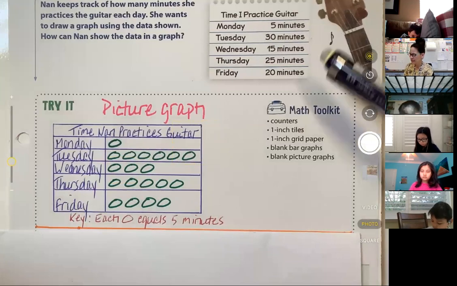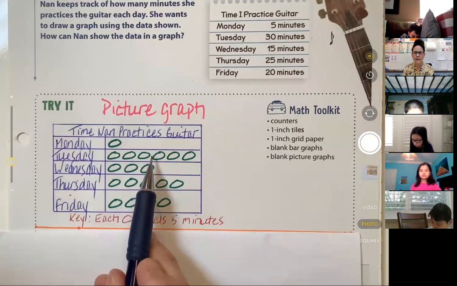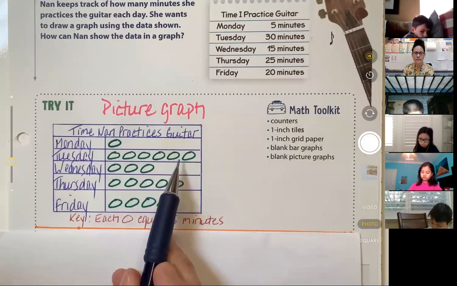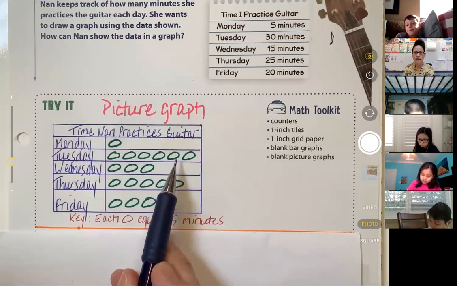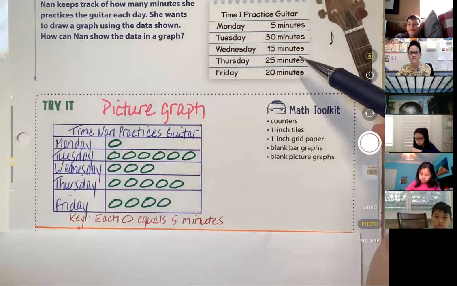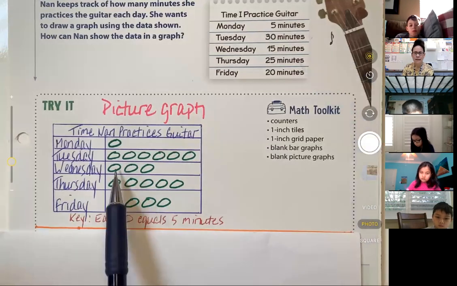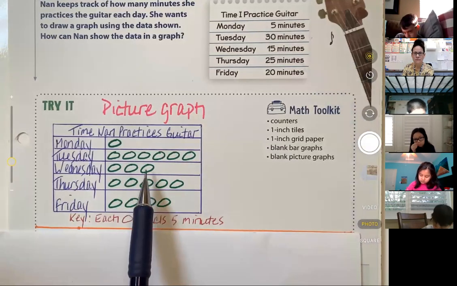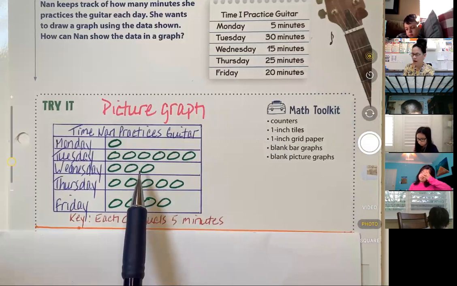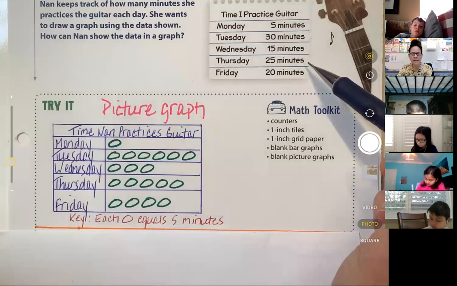So the key says 5, 10, 15, 20, 25, 30. All done with Tuesday. Now I go to Wednesday. Wednesday, according to Nan's notes, 15 minutes. So 5, 10, 15. Great. Now I get to move to Thursday. On Thursday, according to Nan's notes, she practiced 25 minutes.